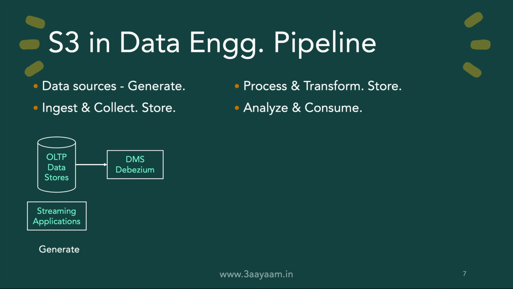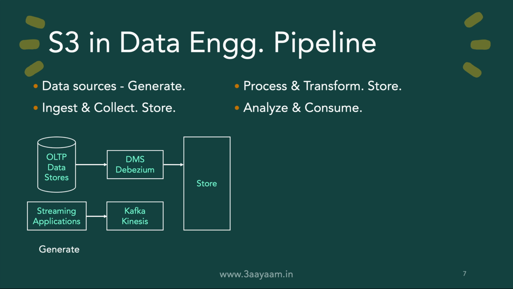And if you have OLTP data stores, we can use CDC, or change data capture, tools like AWS DMS, which is Database Migration Service, or open source Debezium. These can be used to capture the data and store it in some place. Similarly, for streaming applications, we can ingest and collect using either Kafka or AWS Kinesis, etc.